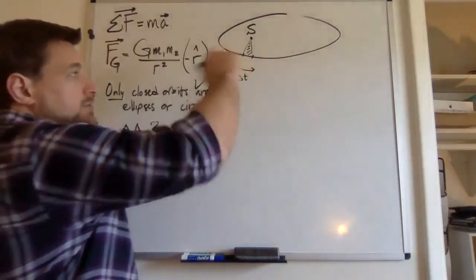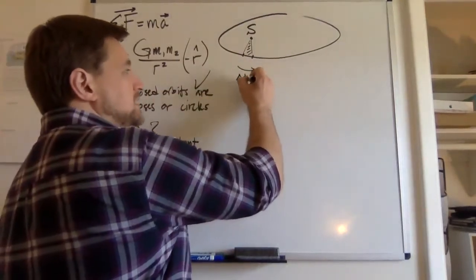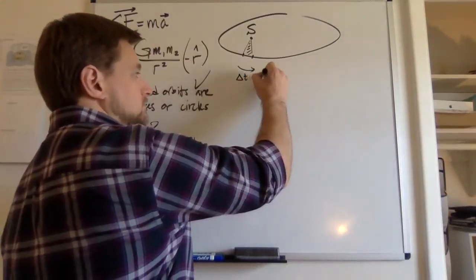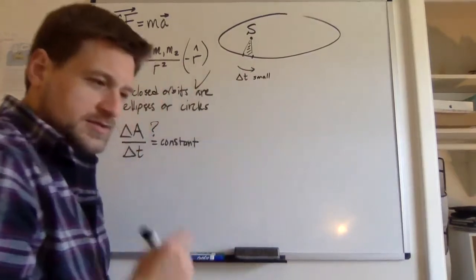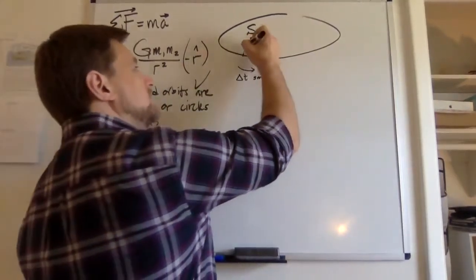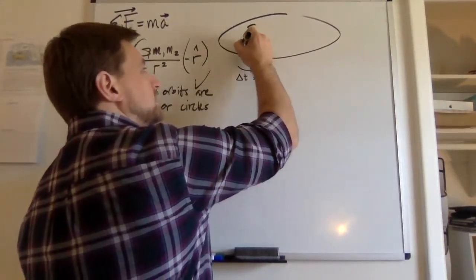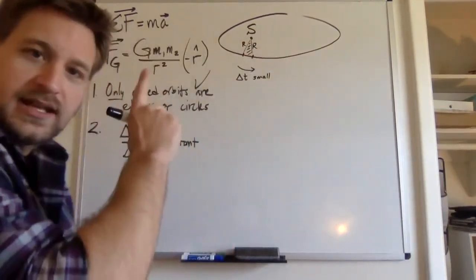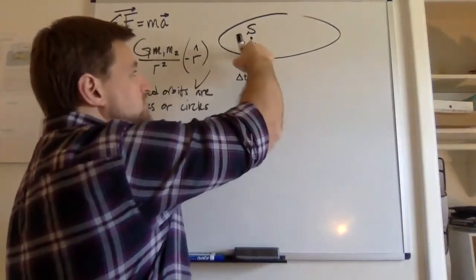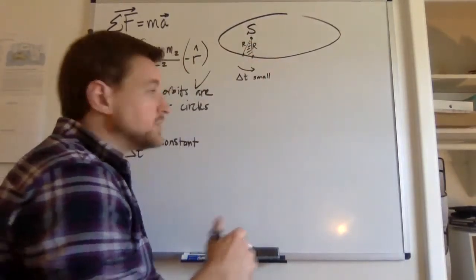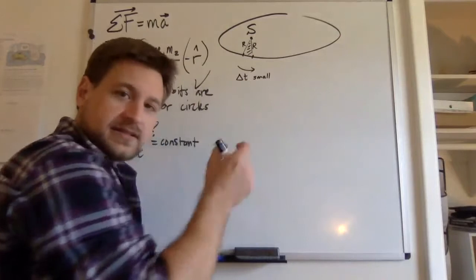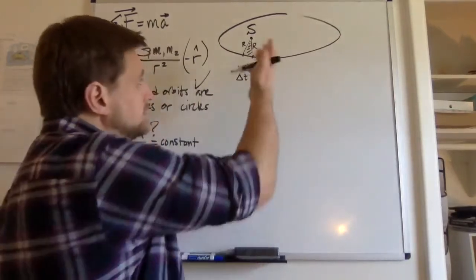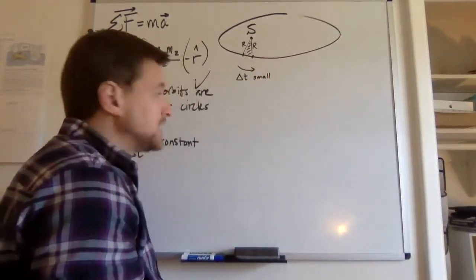And let's let delta t be small, so that the distance, I'm going to use a capital R here, the distance between the planet and the sun doesn't change appreciably during this delta t. It's a small enough interval that the radius doesn't have a chance to change very much.